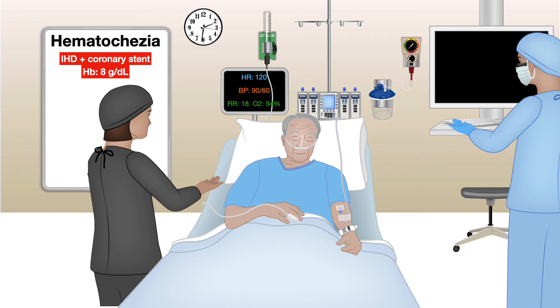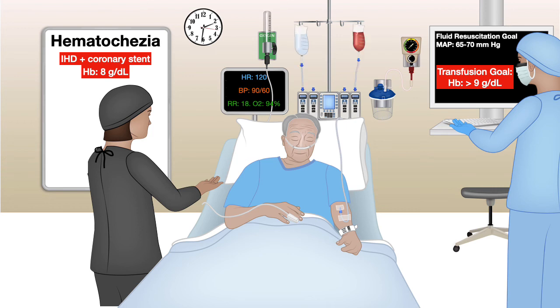And in that case, you want to make sure that you aggressively manage their volume status and also consider transfusion to keep the hemoglobin above 9 grams per deciliter with the use of crystalloids, colloids, and also packed cells.